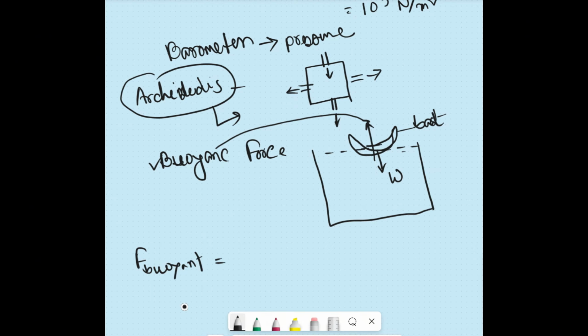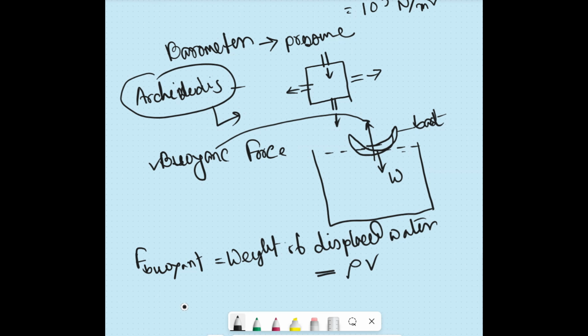So from the concept of buoyancy force, we can write that buoyant force is equal to the weight of displaced water, which is equal to rho times V times g.